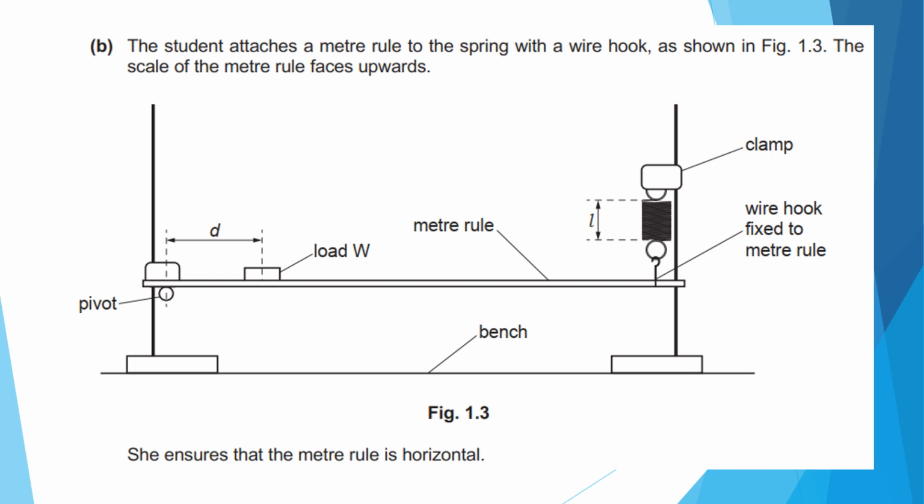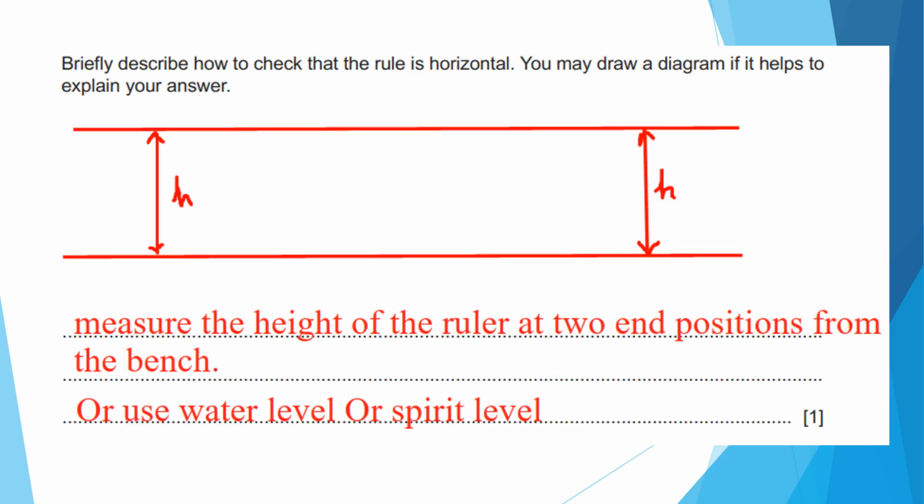Coming to the B part: the student attaches a meter rule to the spring with a wire hook as shown in figure 1.3. The scale of the meter rule faces upwards. She ensures that the meter rule is horizontal. So have a clear observation on the meter rule, the load, the spring position and the bench. Based on this diagram, the next question is: briefly describe how to check that the rule is horizontal.